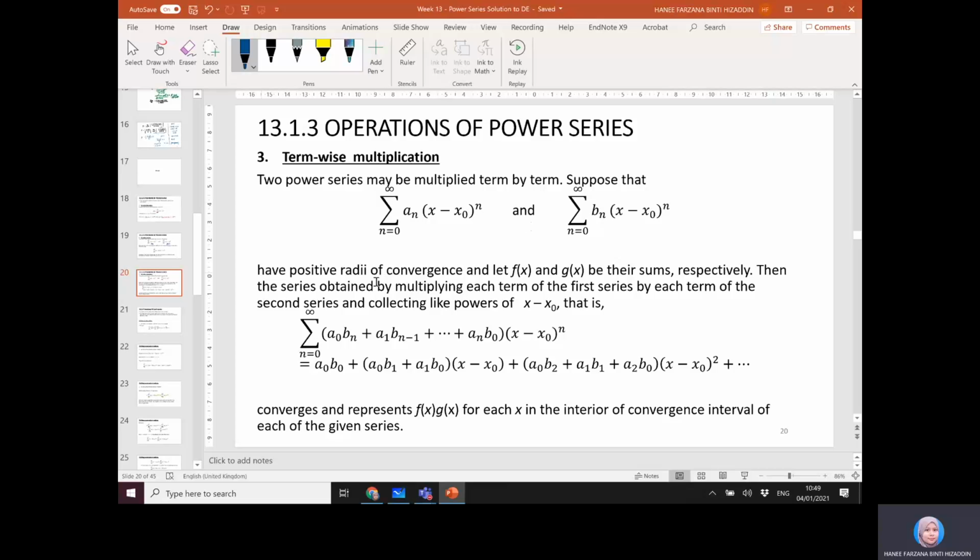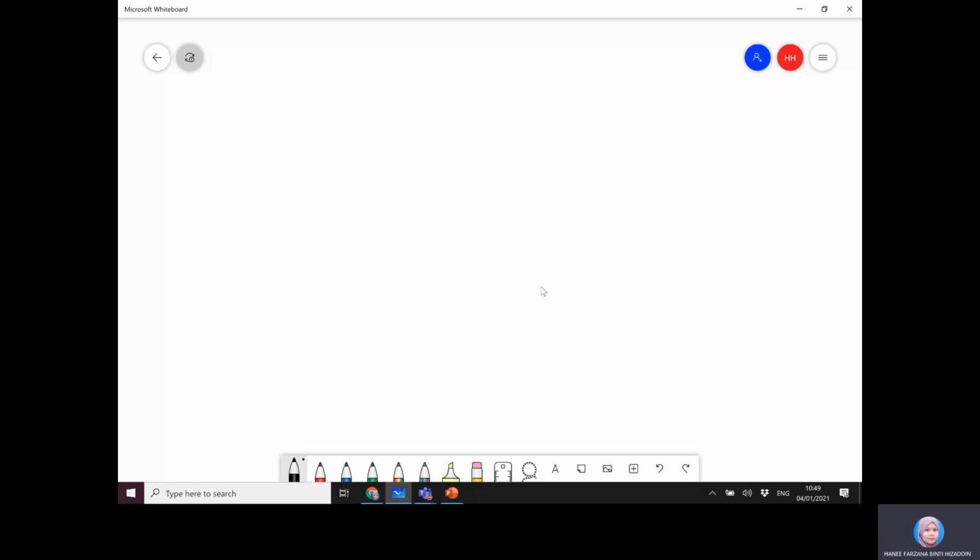Let's say both series have positive radii of convergence, and this is your f(x) and this is your g(x). Then you can obtain the series by multiplying f(x) and g(x) term by term. You can convince yourself again, like what I did in differentiation and addition, but it's a bit tedious for multiplication, because when you expand it, it's tedious. Okay, let's just do that.